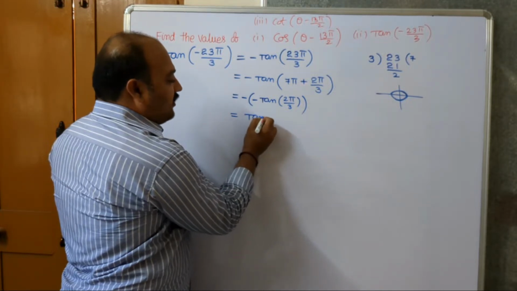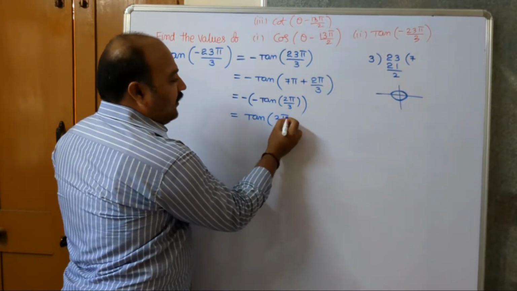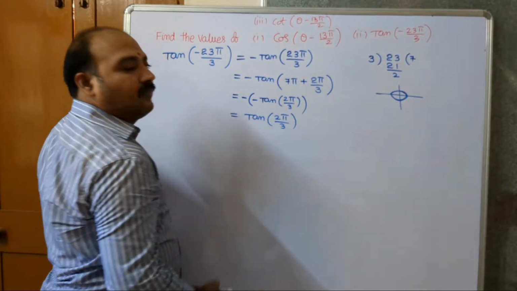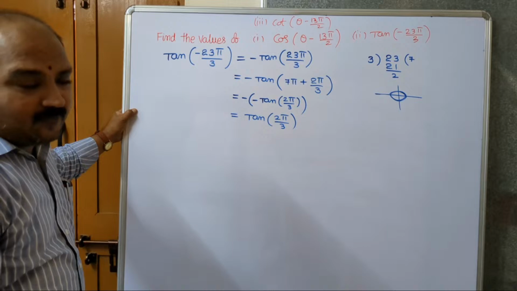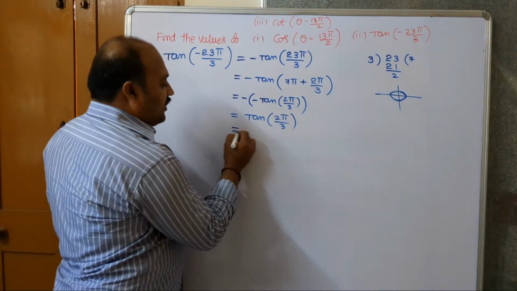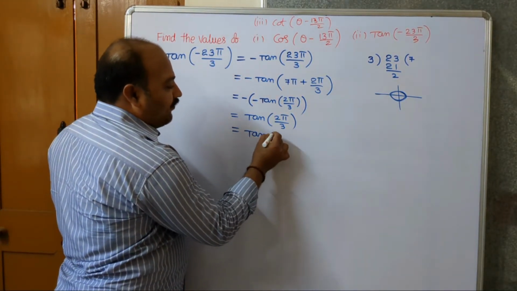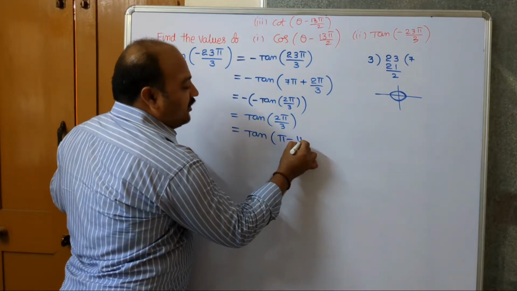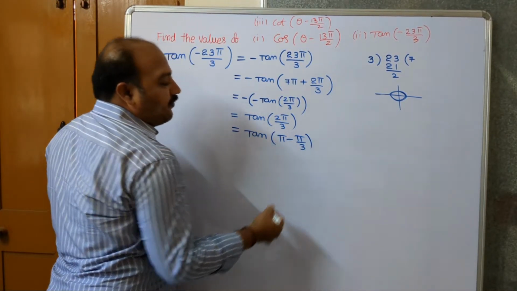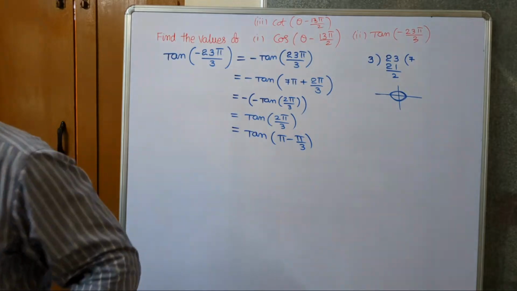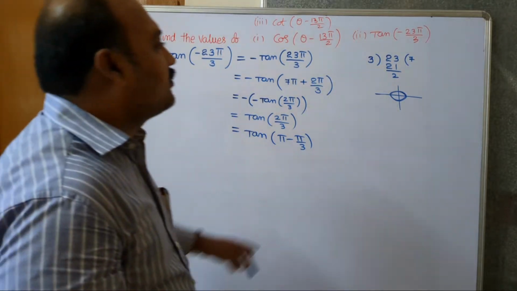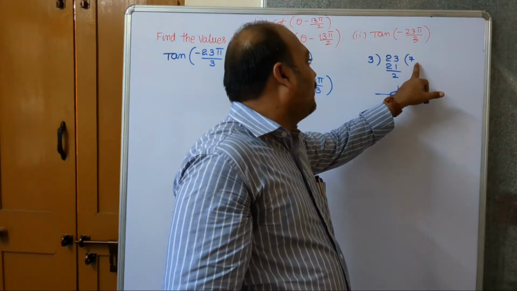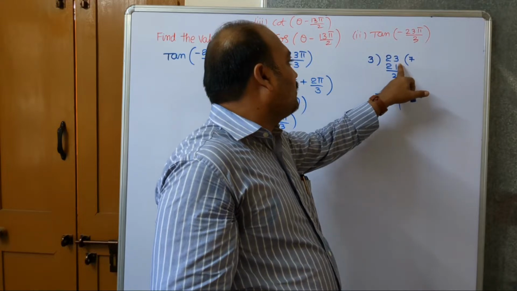Tan 2 pi by 3. How to write? That is equal to tan of pi minus pi by 3. 7 3s are 21, 2 will come.